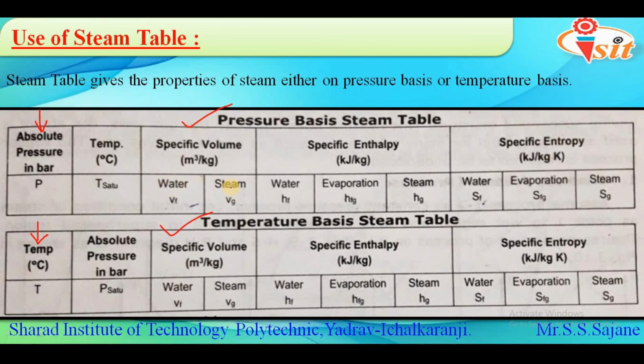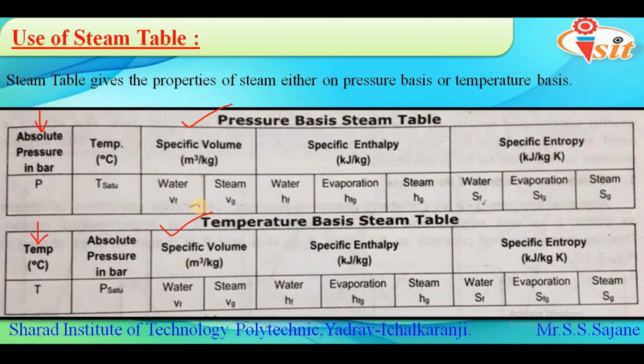The notation VF stands for the specific volume of saturated liquid, and its unit is meter cube per kg. Whereas VG is the specific volume of dry saturated steam in meter cube per kg.